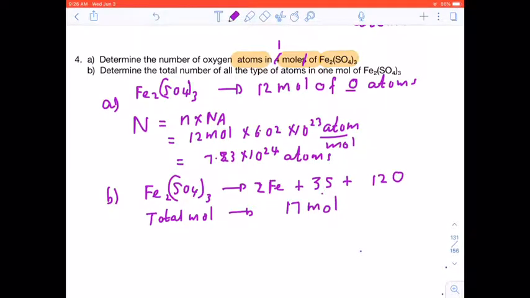In total, there are 17 moles of all types of atoms.